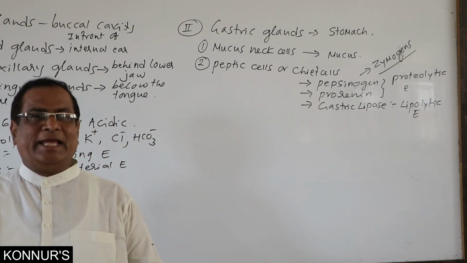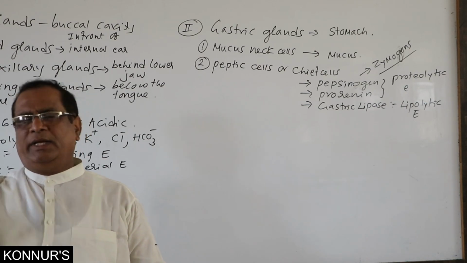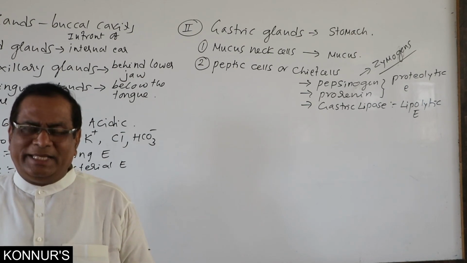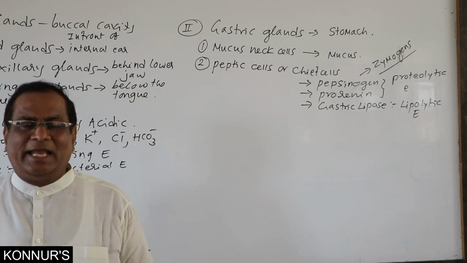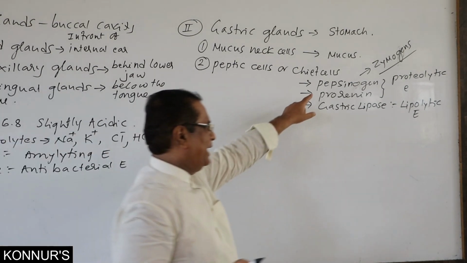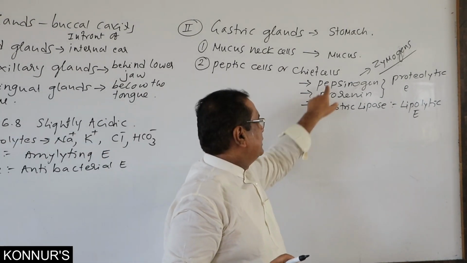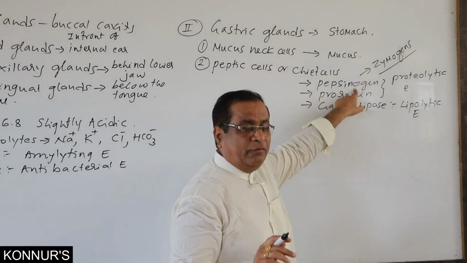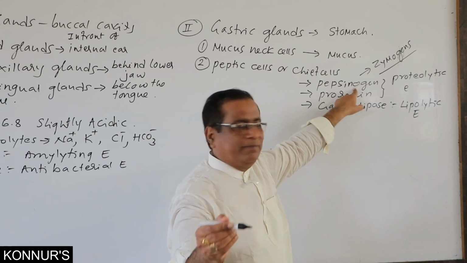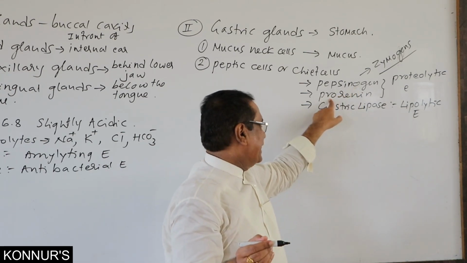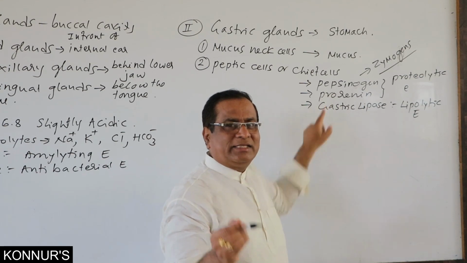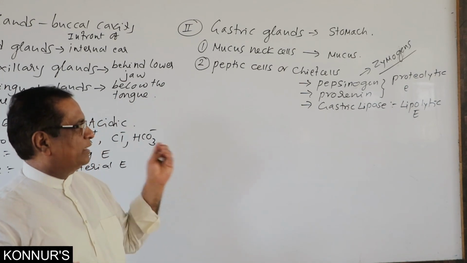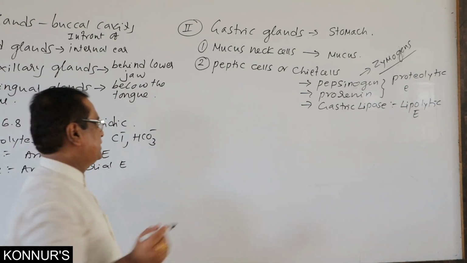Zymogens are the inactive form of enzymes. They will give the list of enzymes and ask the question, which of the following is a zymogen? Means which is inactive form. These two are in inactive form. Pepsinogen is the inactive form of the active form pepsin. In the similar way, the active form of prorenin is renin. Yes, these two are the enzymes produced by peptic cells.